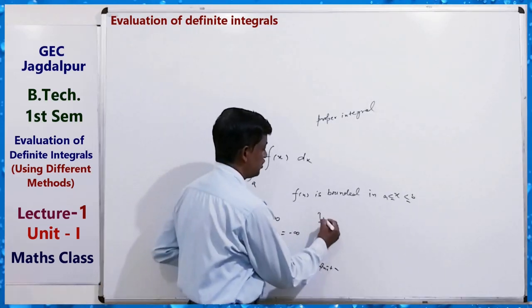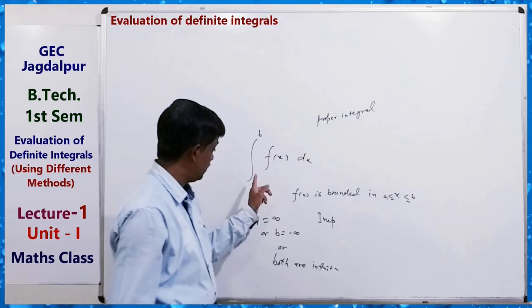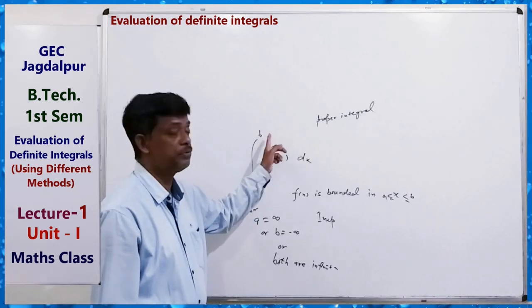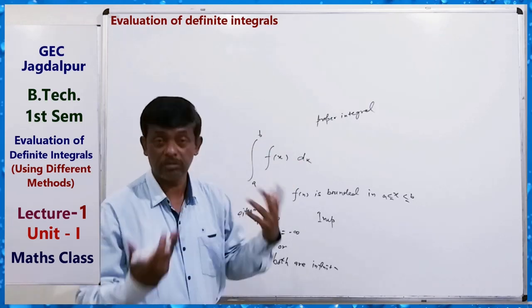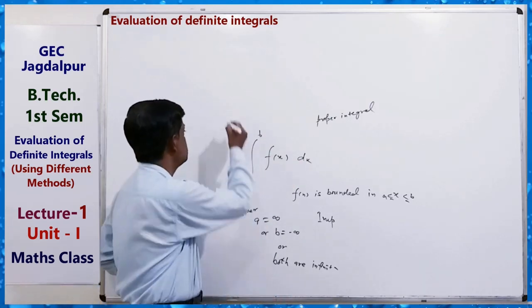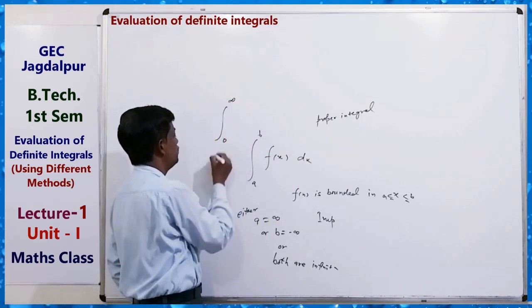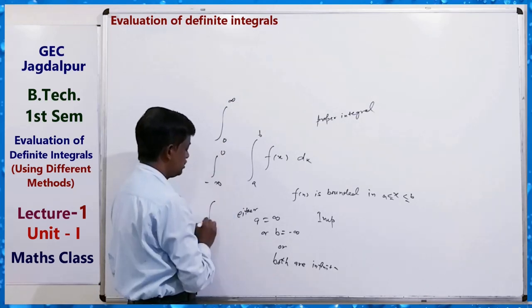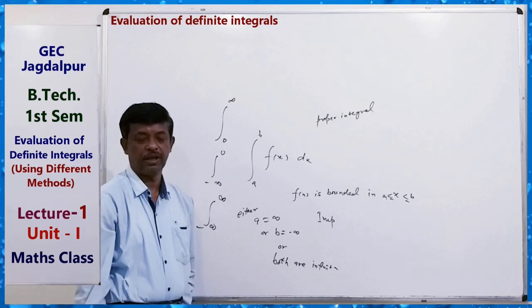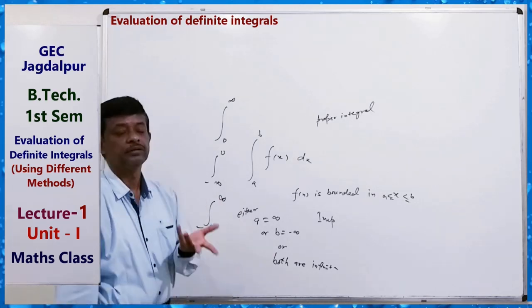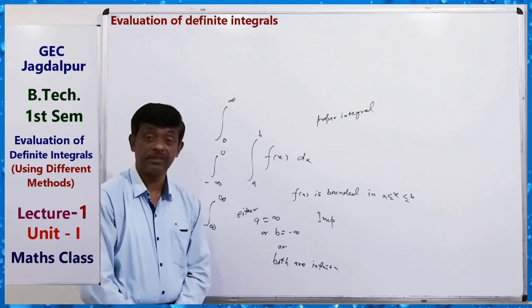It could be 0 to infinity, minus infinity to 0, or minus infinity to infinity. If we have this type of limits, then it is an improper integral of the first kind.